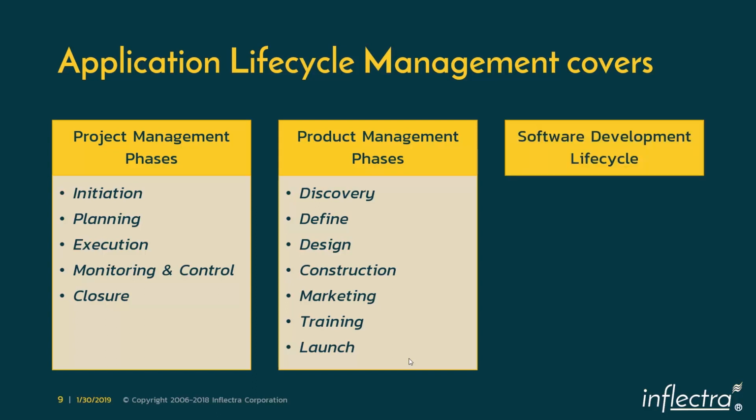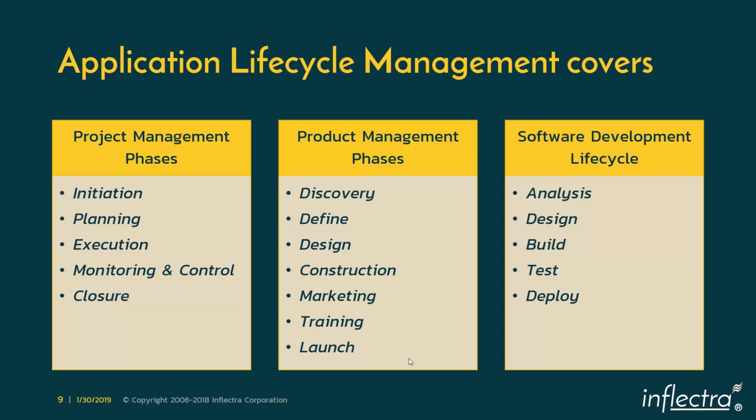It should further focus on the software development lifecycle: analysis, design, build, test, and deploy. So application lifecycle management is not specific to one framework, but it should encompass all the 3 frameworks we listed here.